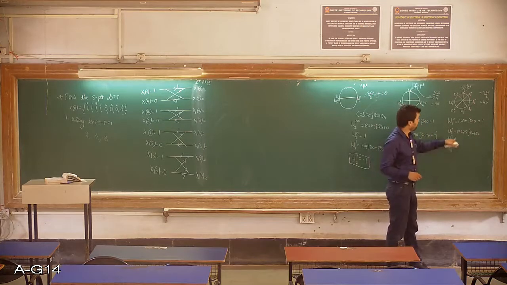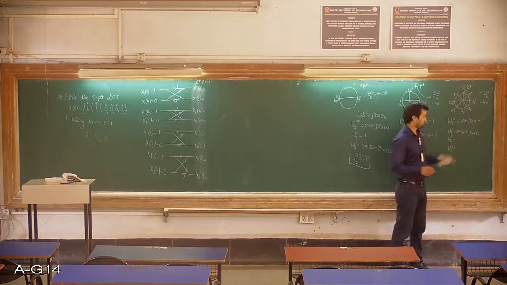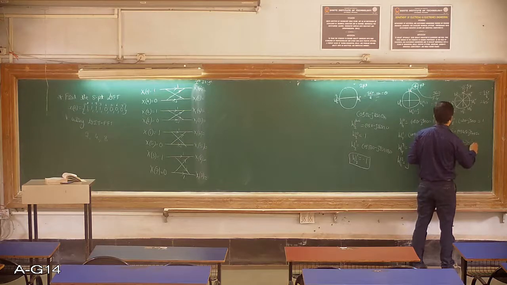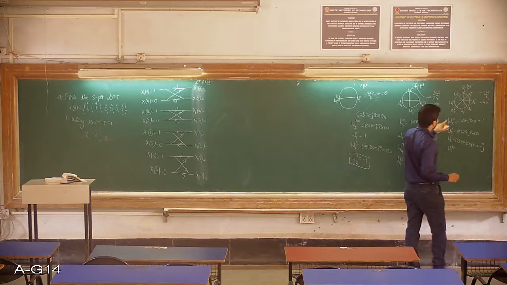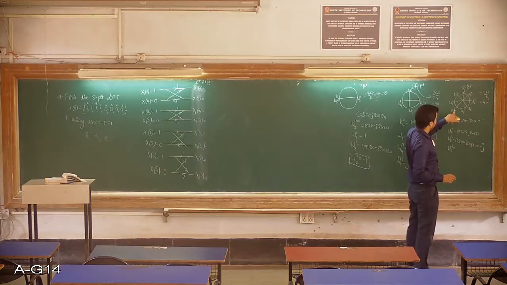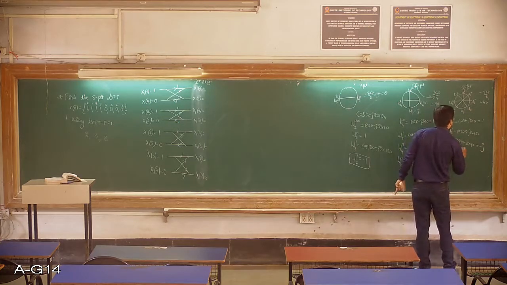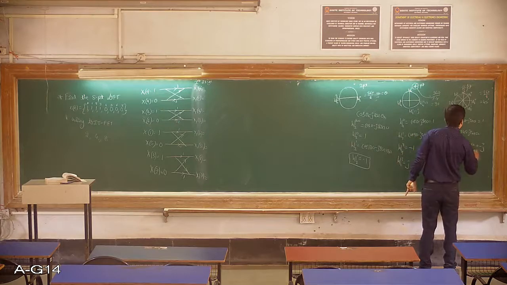The next value, 45 into 2: cos 90 minus j sine 90. That we have already computed, it is minus j. The next value, 3 into 45: cos 135 minus j sine 135.